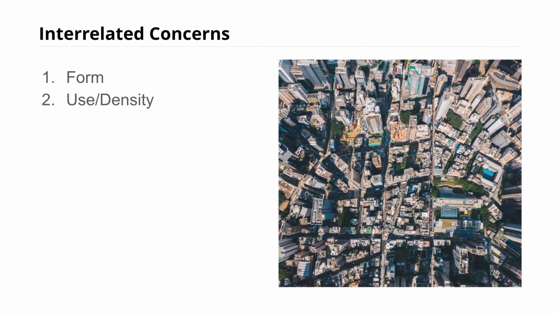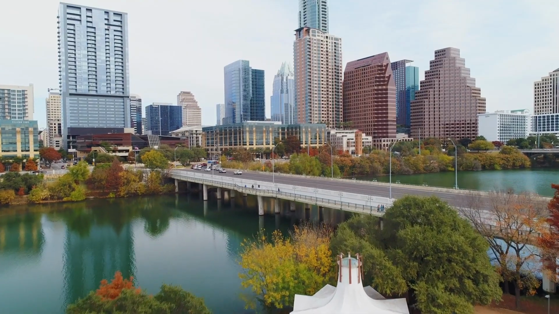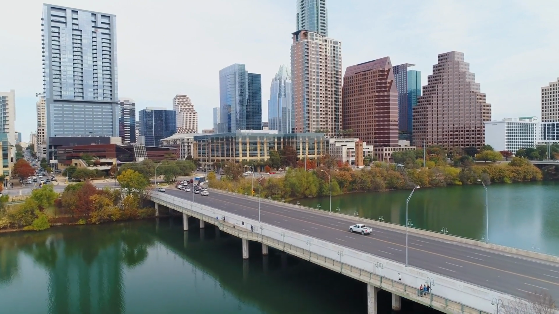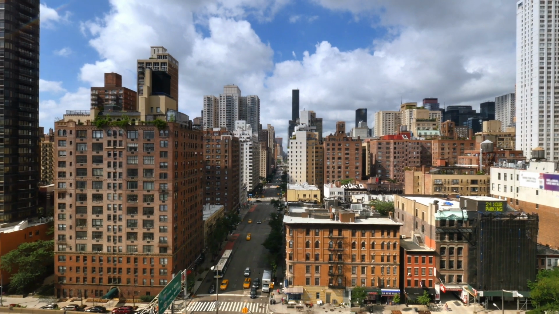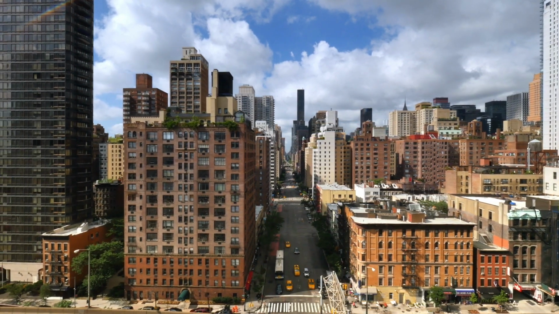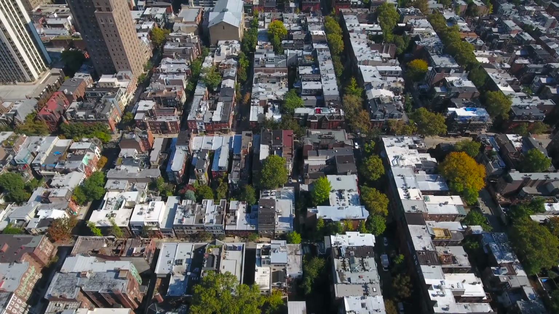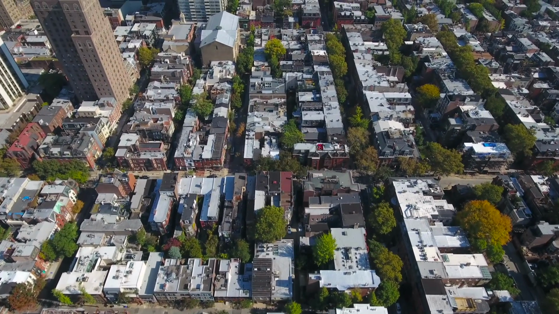Now, there are three interrelated concerns which come up every time in the making and maintaining of place. One is form, the other is use and density, as we just talked about, and the third is management. So under form, we might be concerned about the building to street relationship or the skyline of a place or the compatibility of things. In use and density, we probably want to make sure that toxic use, which once poisoned the neighbors before conventional zoning, doesn't come back in among the housing or the places where kids are playing and poison us again.